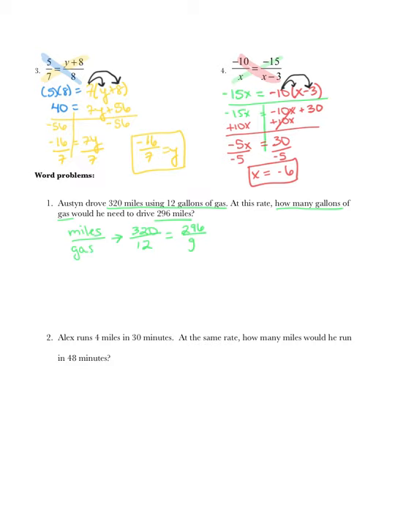After you set it up, you cross multiply. I have 320G equals 12 times 296. So I have 320G equals 3,552.